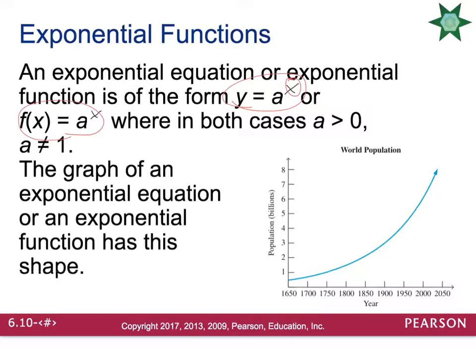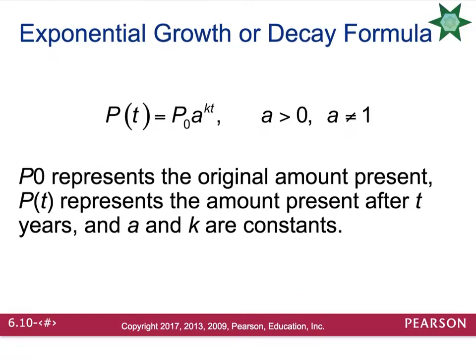The graph of an exponential equation or an exponential function is going to have this sloped appearance. It typically does not touch the x-axis unless it's been shifted. When dealing with exponential growth or decay in story problems, the formula P of t equals P naught a to the kt is your exponential growth or decay function.